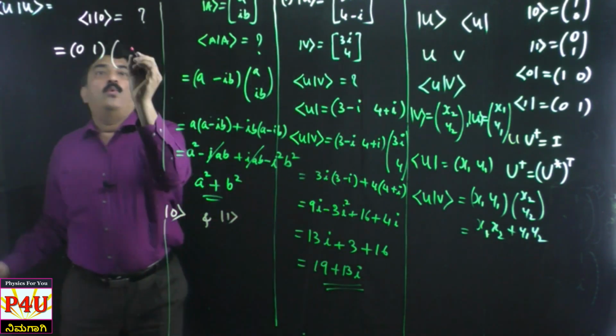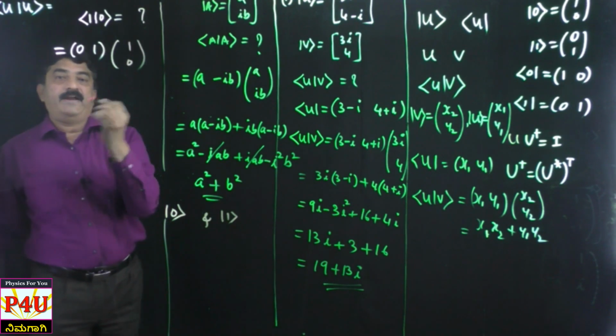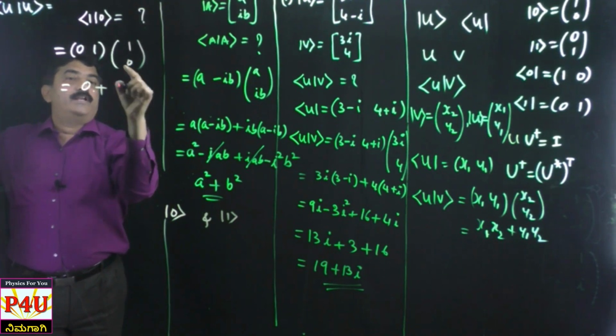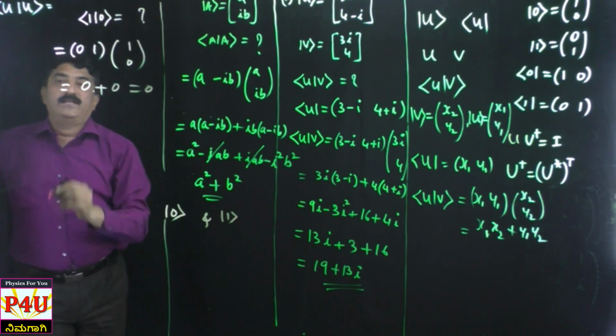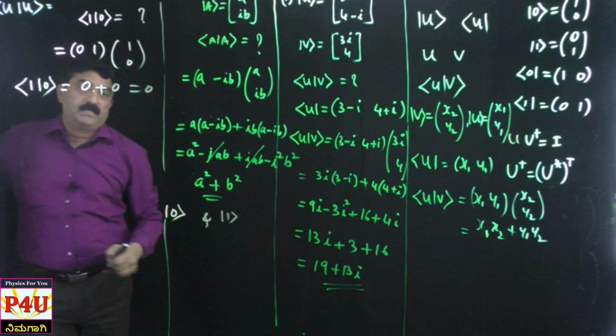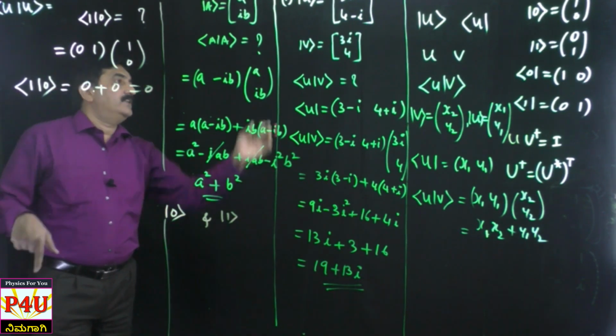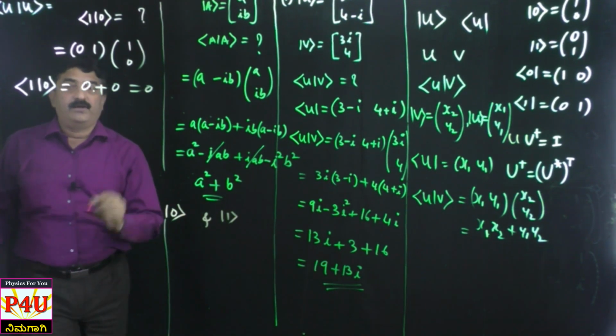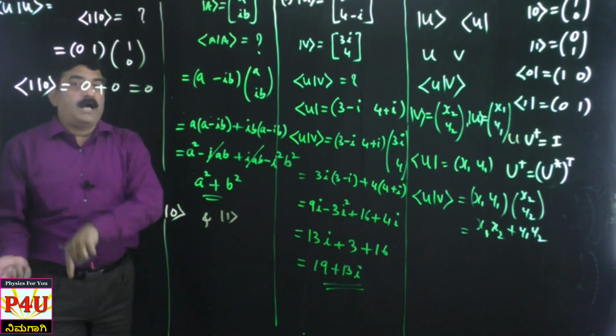Find out. That is equal to 0 into 1 plus 1 into 0, so that is 0. That means the inner product of two qubits in ket 0 state and ket 1 state is going to give you 0. Final answer is 0.